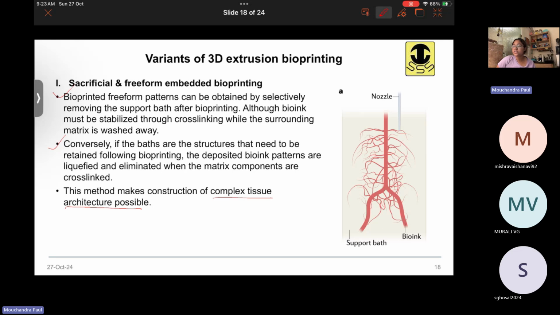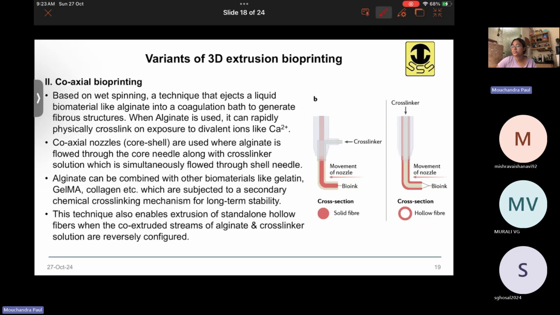This is one variation of extrusion bioprinting. And there is another variation called coaxial bioprinting. The first point to note is that it uses something called a coaxial needle or nozzle. There is a needle of bigger diameter, and inside it there is a needle of smaller diameter.